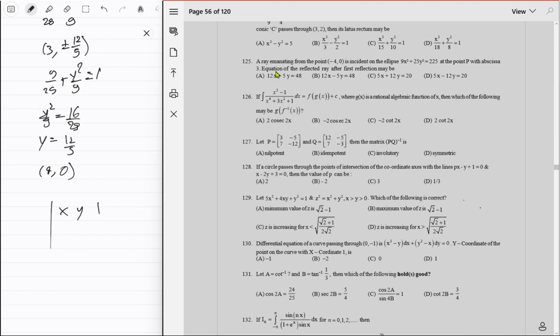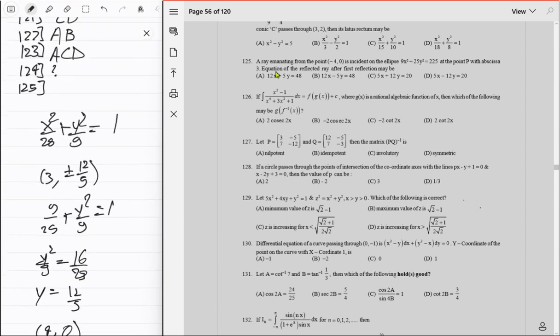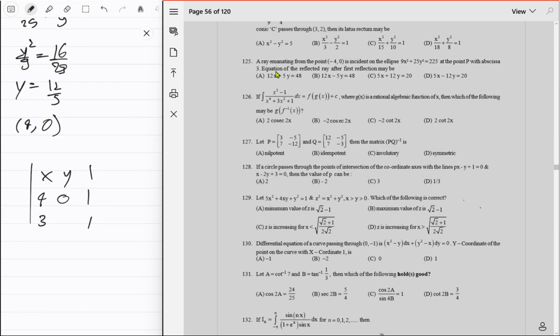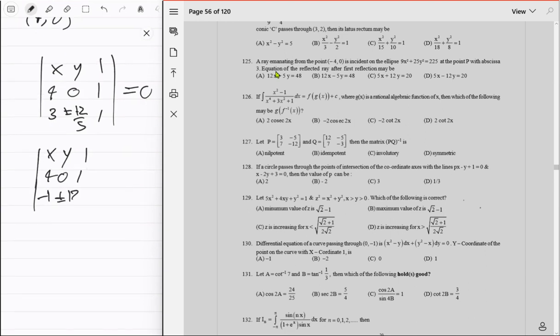So here 1 will come, here 1, here 1. Then the x coordinates of these are (4,0) over there, and this guy has 3 plus minus 12 upon 5, and this is equal to 0. Let's simplify: remove the 3, and 4 comes here. Subtract again to get x, y, 1; 4, 0, 1; and -1 plus minus 12 upon 5, comma 0.